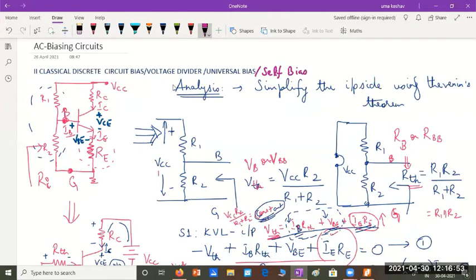All these names imply the same circuit, and the best biasing arrangement for a transistor amplifier is this. Please remember this is the best biasing arrangement possible for a transistor amplifier.